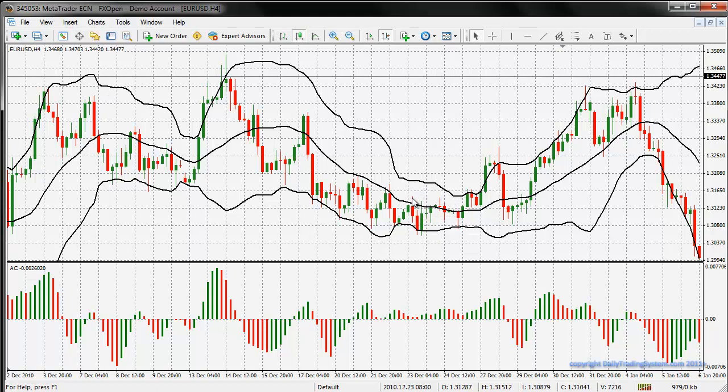Okay, and then it creates this kind of bottleneck look, and then eventually the market starts to pick up pace. So the only thing that the Bollinger Bands can do is to compensate for that expansion, and the upper and lower bands start to move further apart.